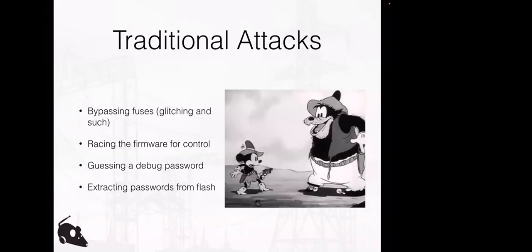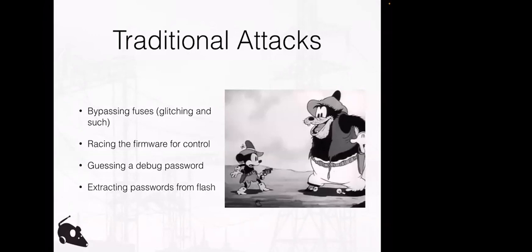If you do any hardware hacking, one of the first things that you learn is the simple glitching bypass, right? So if you're trying to access JTAG so that you can control the CPU and maybe extract some of the keys or firmware images that are stored in there, bypassing fuses using glitching is pretty straightforward.